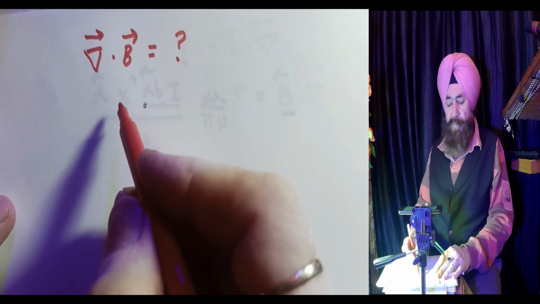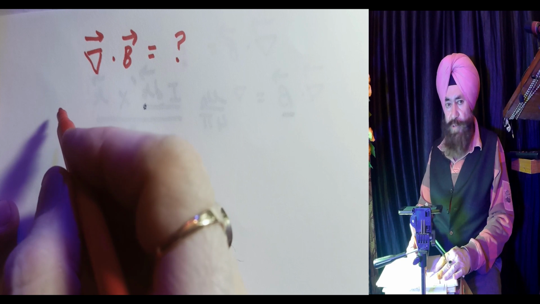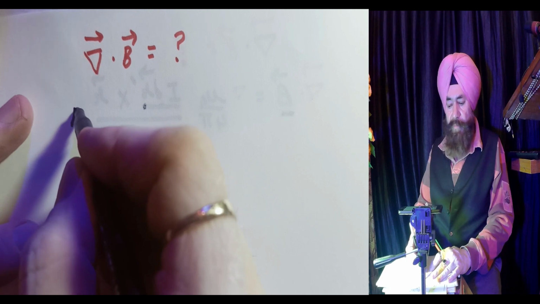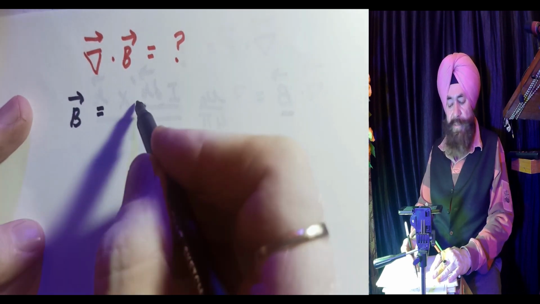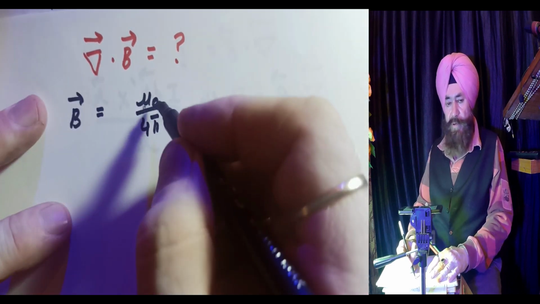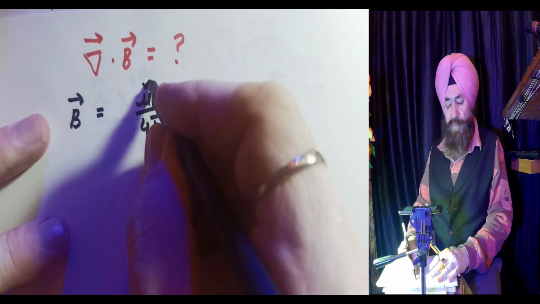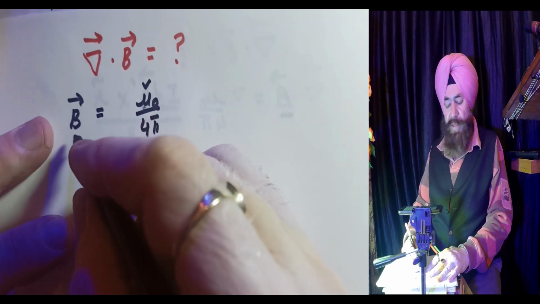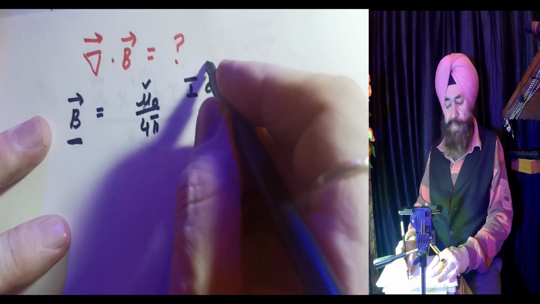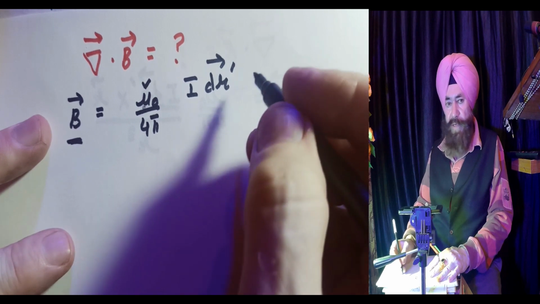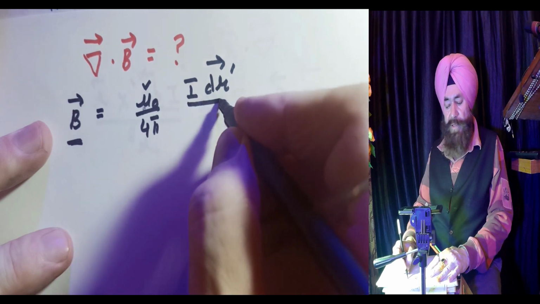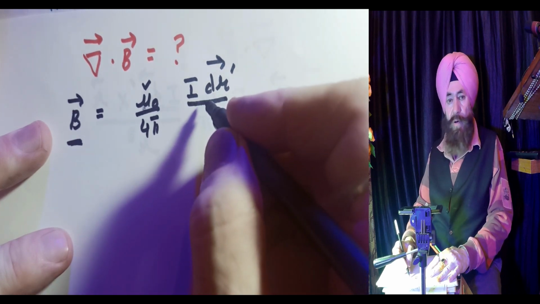I'm starting this problem by using Gauss law. Gauss law means B vector is, in SI system, mu naught over 4 pi, permeability of the free space, then this magnetic field, because of current element I dr dash vector, this is current element, okay, and I assume that it is at the origin of our system.